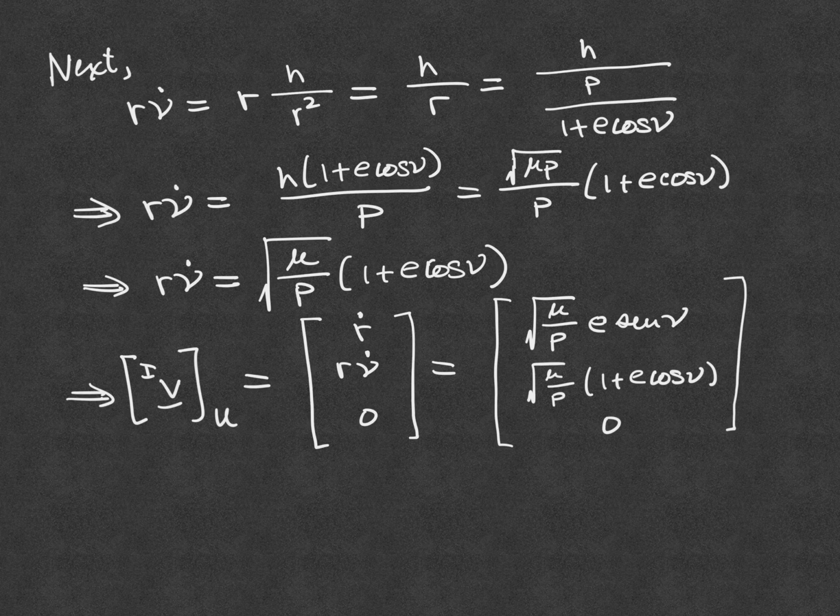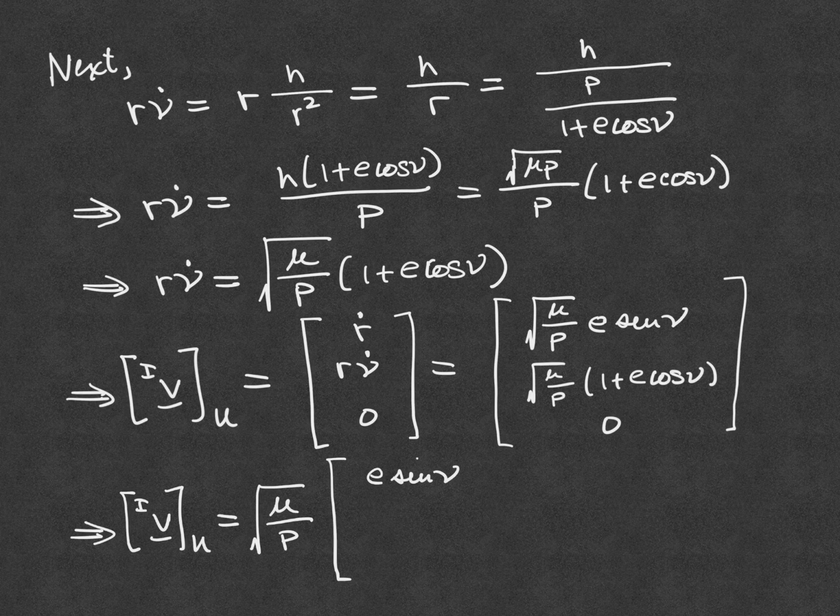So we can factor out the square root of mu over P, and we wind up with the inertial velocity expressed in coordinates fixed in u is equal to the square root of mu over P times E sine of nu, 1 plus E cosine of nu, and 0. Now that is the starting point for being able to do the remainder of the calculations.